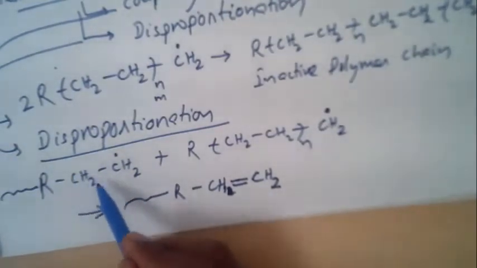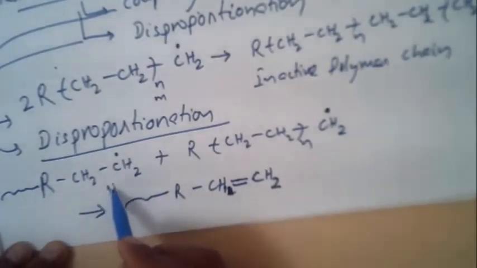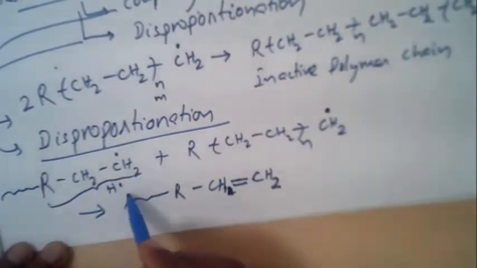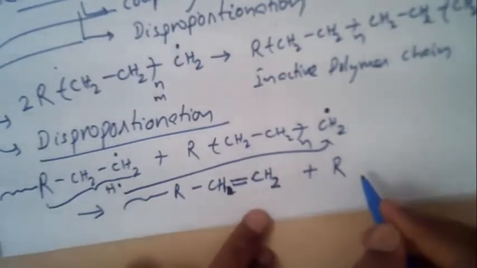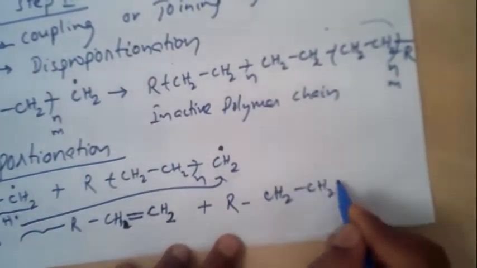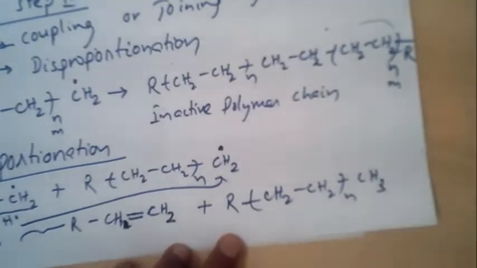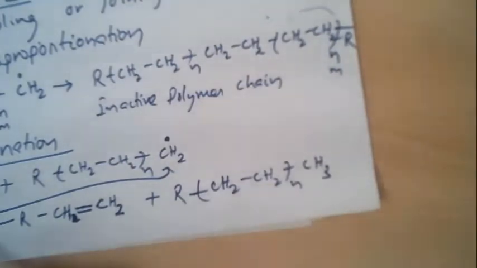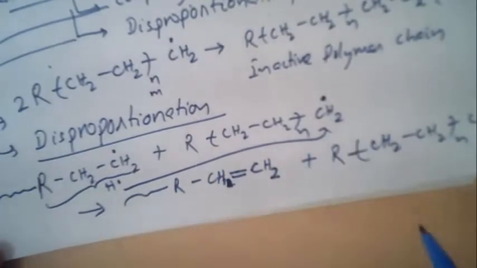Okay, so one H radical from this chain will transfer to this. Now this will be CH2, CH2 and CH3, right? So one H radical will be transferred from here to here.